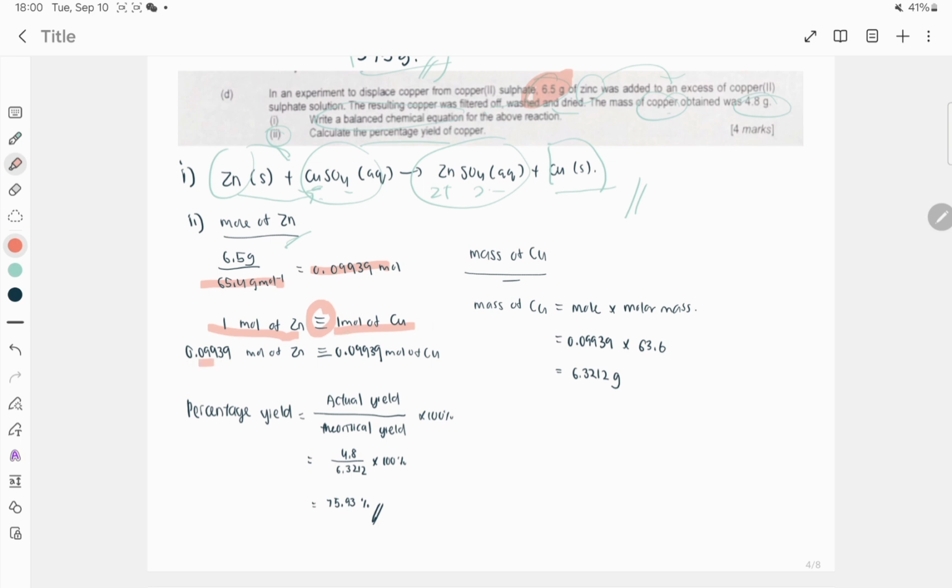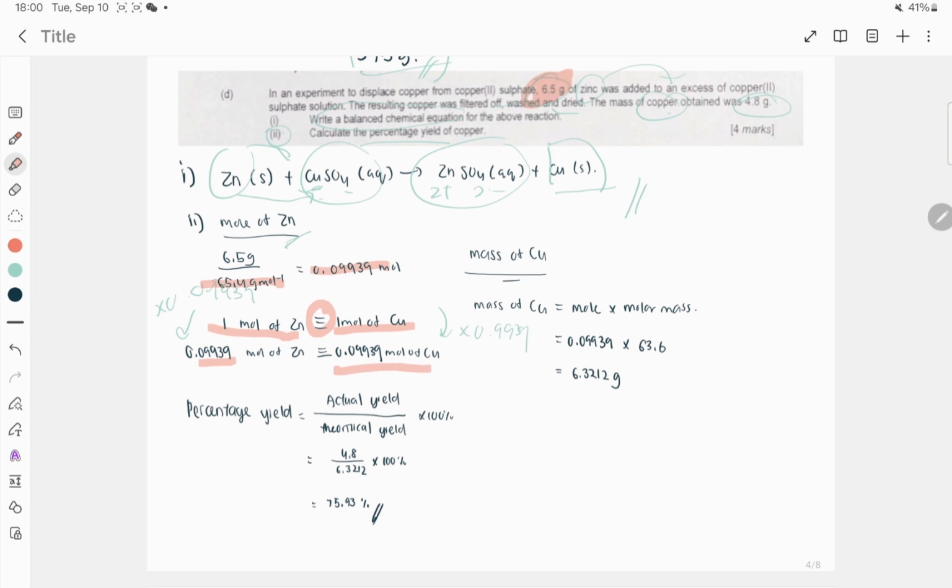So when we have 0.09939 mole of Zn, it will produce the same amount, because here we times by 0.09939, and here we also need to times by 0.09939. So we will get 0.09939 mole of copper.